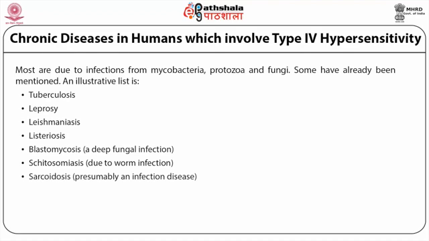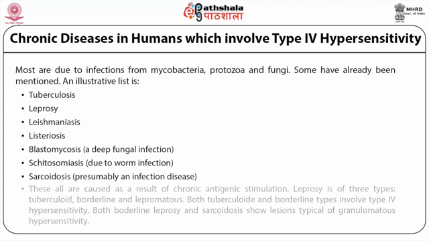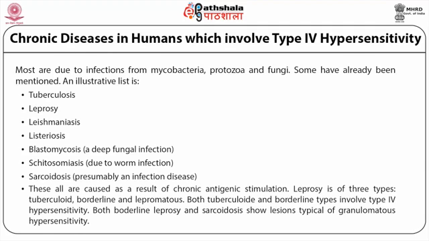Sarcoidosis is not completely understood. It is believed that presumably it's an infectious disease. These diseases are all caused as a result of chronic antigenic stimulation.